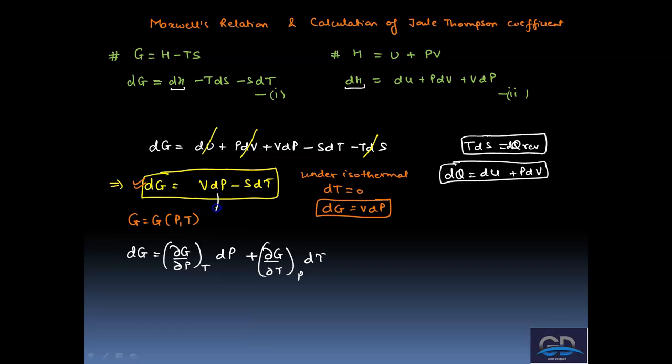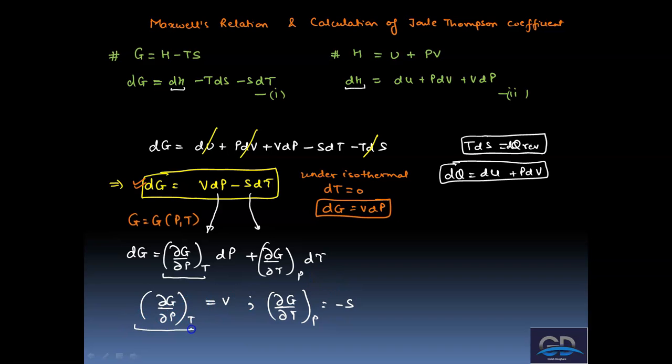And if we compare with this expression, I can see that del G by del P at constant T would be equal to V. Also del G by del T at constant P is equal to minus S.